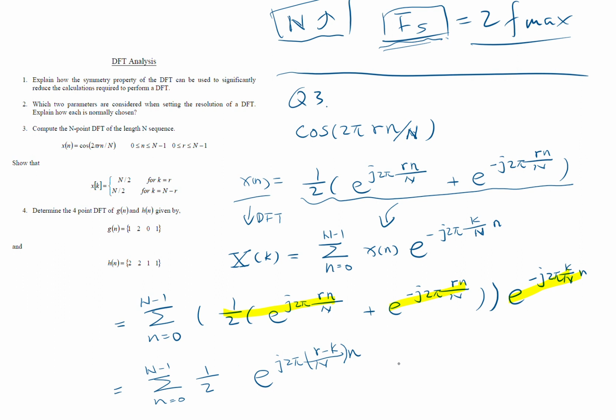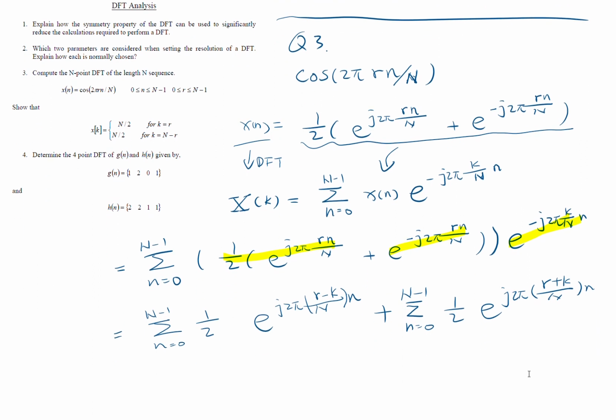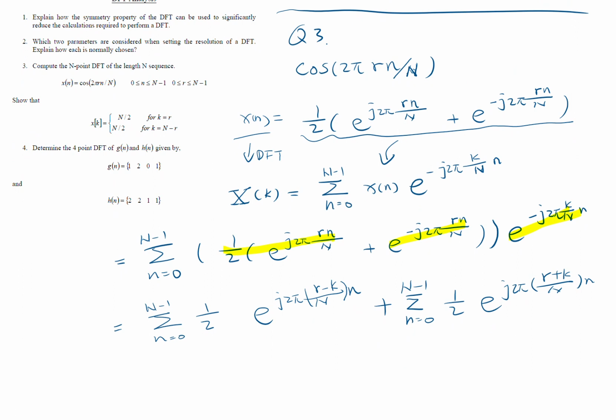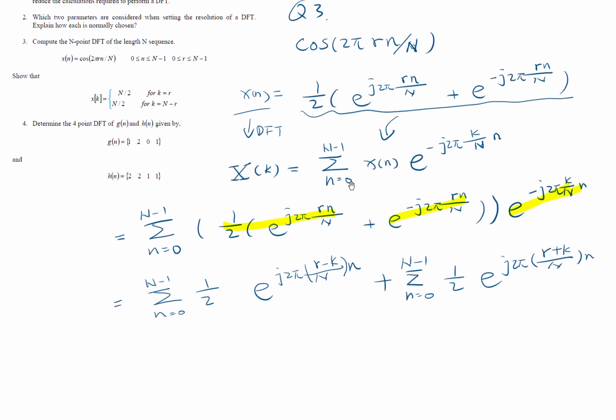And we're going to add another sum from n equal to 0 up to N minus 1 of another half e to the j 2 pi, in this case r plus k over capital N, times lowercase n. That's the two terms we're going to look at.